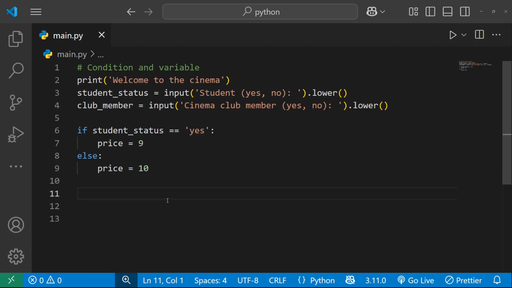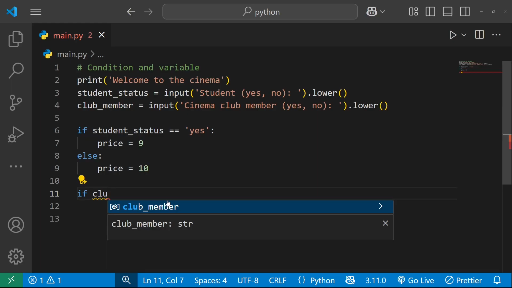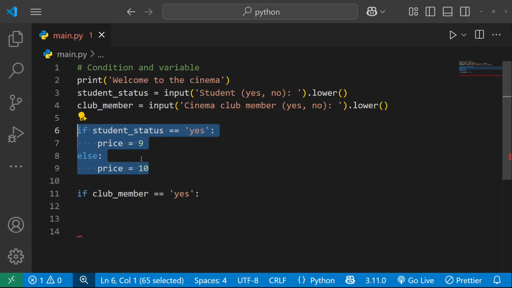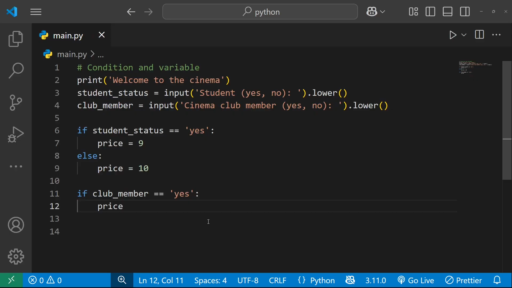And after that, we can ask about club member. So if club member is equal to yes, it means that you are in the club. So for us, it means that we would like to give a discount to the visitor. So we can write price equal current price minus, for example, $2.